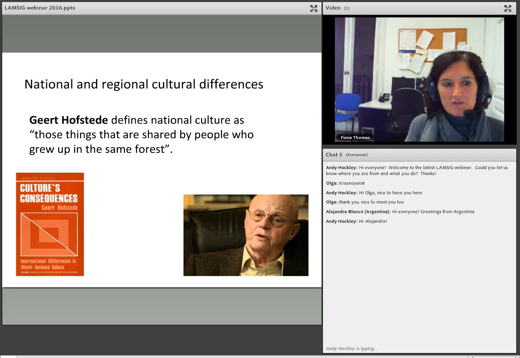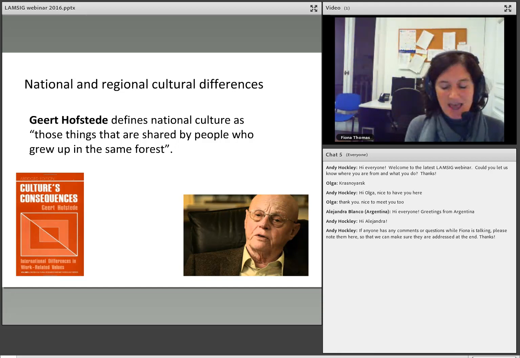And Geert Hofstede defines national culture as those things that are shared by people who grew up in the same forest. Now, he is a person who carried out research in the 1960s, 1970s. And what he wanted to discover was if there was actually such a thing as national and regional cultural differences.